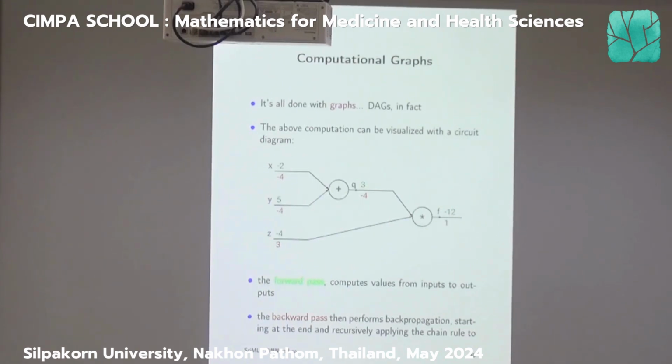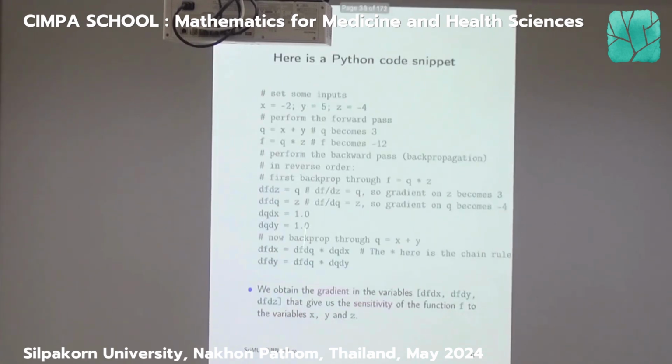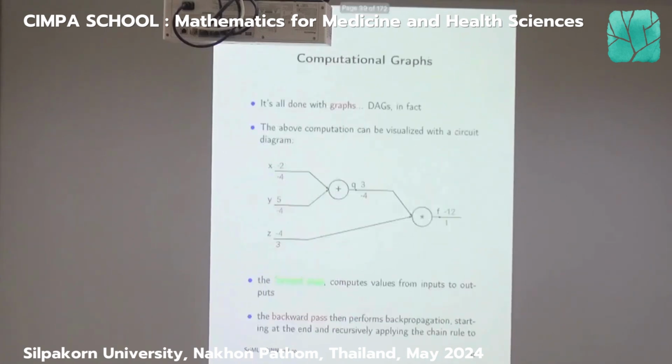In fact, you do it numerically, but you're using known derivatives of primitive functions. So in fact, anything can be differentiated, as long as you decompose your software, your code, into primitive functions whose derivatives one knows.